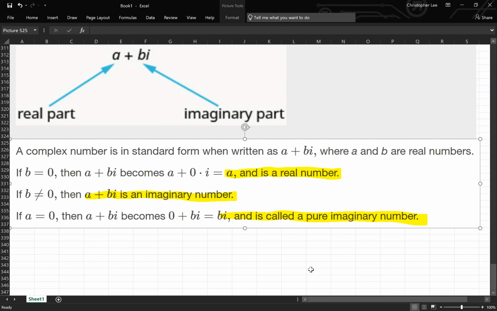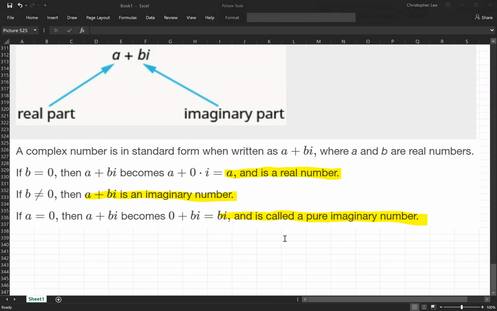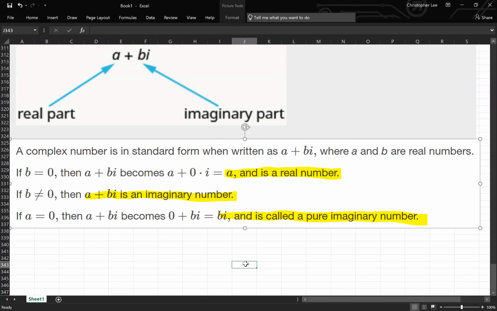If b does not equal 0, then a plus bi is an imaginary number. Now, let's say a is equal to 0. Then a plus bi becomes 0 plus bi, which is equal to bi, and it's called a pure imaginary number. There we go. So this makes sense, right?